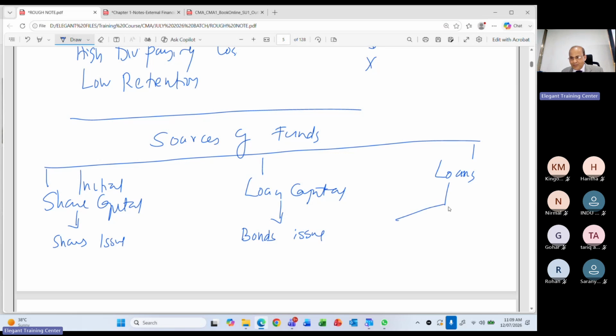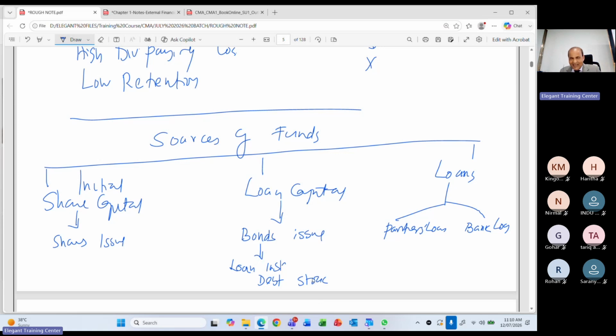A loan example can be a partner's loan or a bank loan, which is not loan capital, right? Loans can be loan capital when the company issues bonds. Bonds are called loan instruments, also called debt stock.